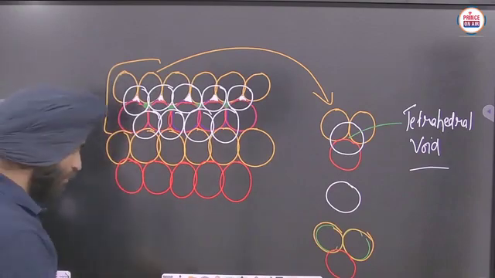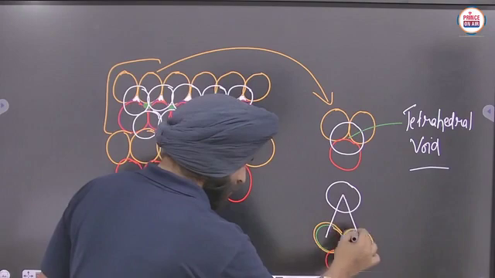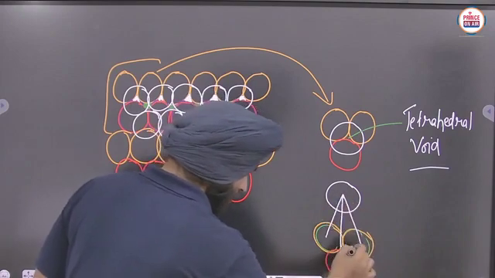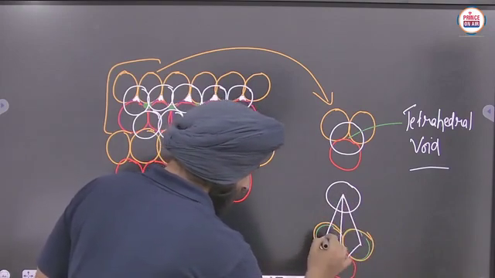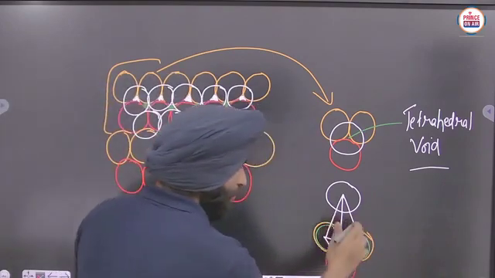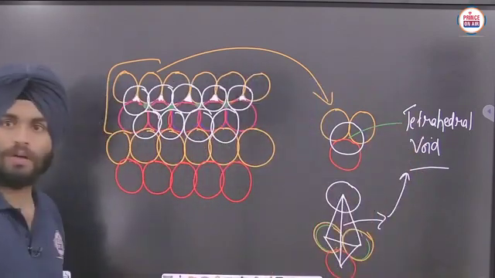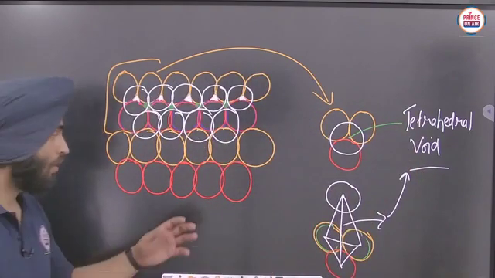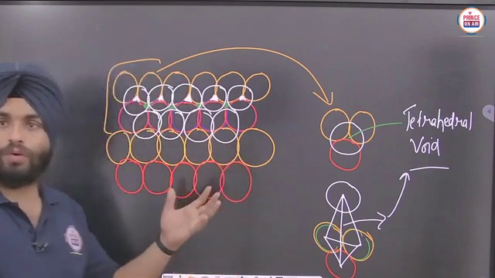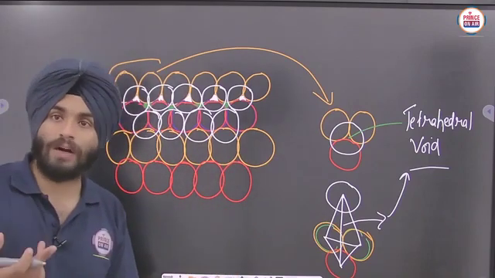Clear? So if we join these centers, that empty space between them is known as tetrahedral void. Clear? Now if you want to take a screenshot, you can. Now I am going to move on to the next part.